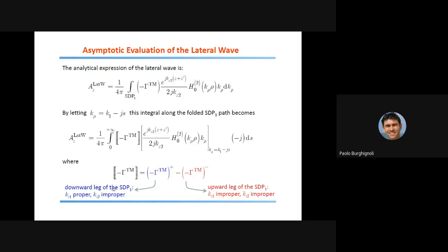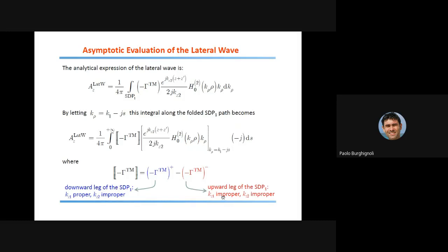And this is what we have at the bottom of this slide. The downward leg of the steepest descent path is indicated with a plus here. That must be evaluated with the proper determination of k_z1, that is the determination with the negative imaginary part, whereas k_z2 has a positive imaginary part, so it is improper, and it does not satisfy the radiation condition at infinity.